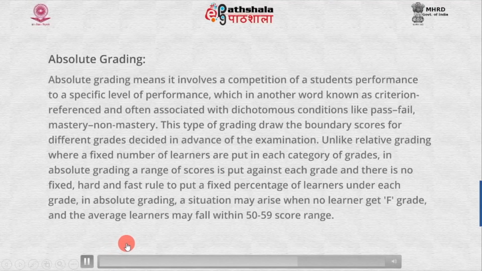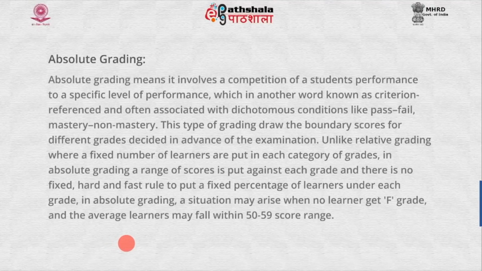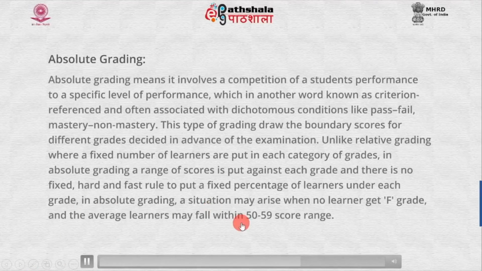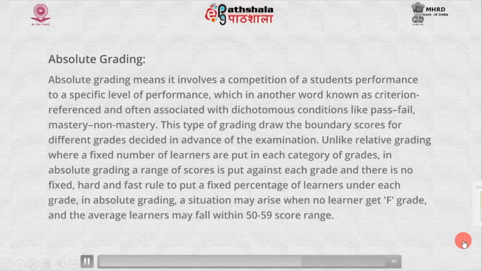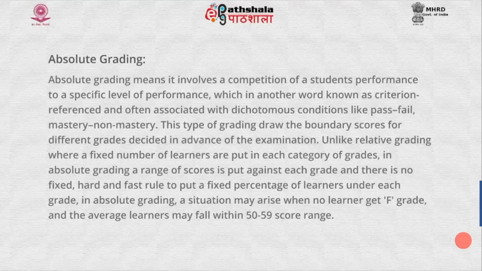Unlike relative grading, where a fixed number of learners are put in each category of grades, in absolute grading a range of scores is put against each grade and there is no fixed hard and fast rule to put a fixed percentage of learners under each grade. In absolute grading, a situation may arise when no learner gets an F grade and the average learners may fall within the 50 to 59 score range.